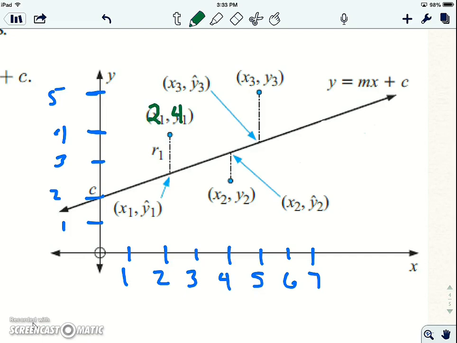This other actual data point is over 4 and up 2.5. And then my last actual data point is over 5 and up 5.